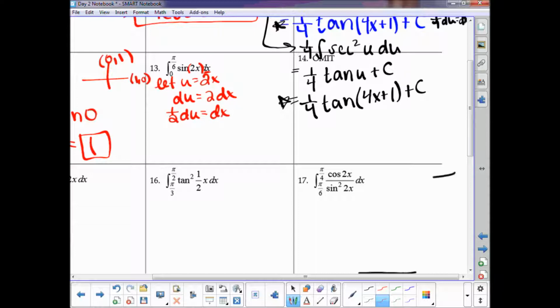Are we good with that u substitution here? Questions with that? Okay. Now, if I'm about to do u substitution, I not only need to change my variable to be u and my differential to be du, but what else do I need to change? Yeah, the bounds. Don't forget to change your bounds. So u of pi over 6, and I need u of 0.